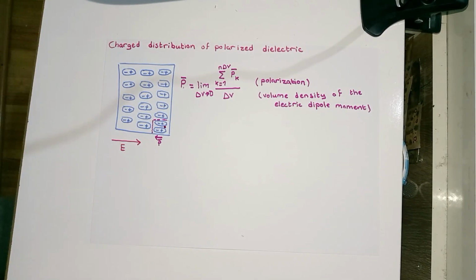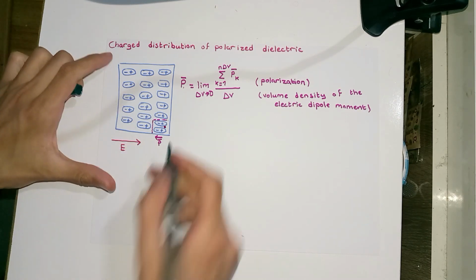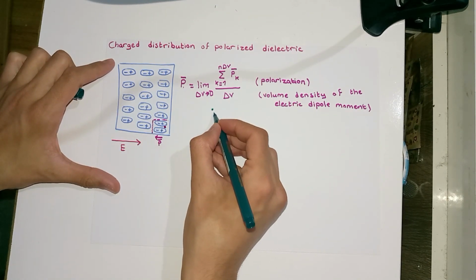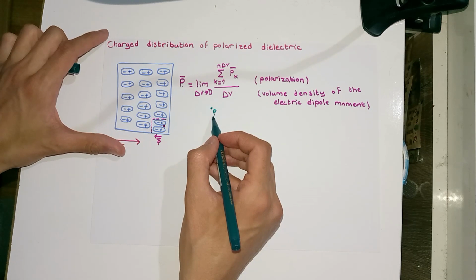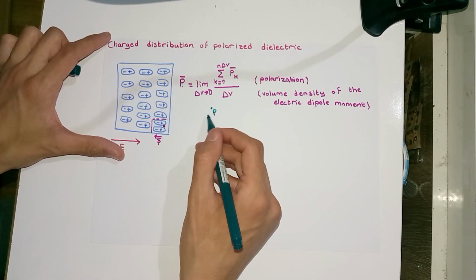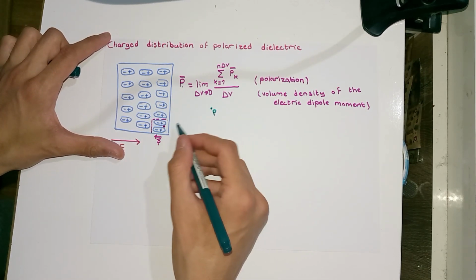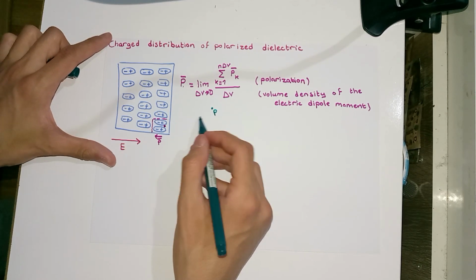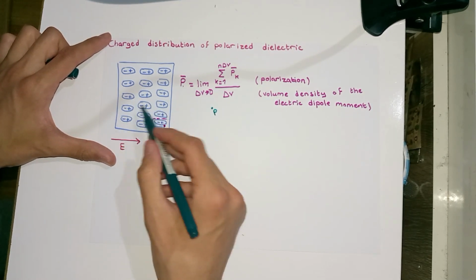Now let's assume that we have some point in free space. Let's say this point is P, and we wish to find the potential at this point due to this polarized dielectric.